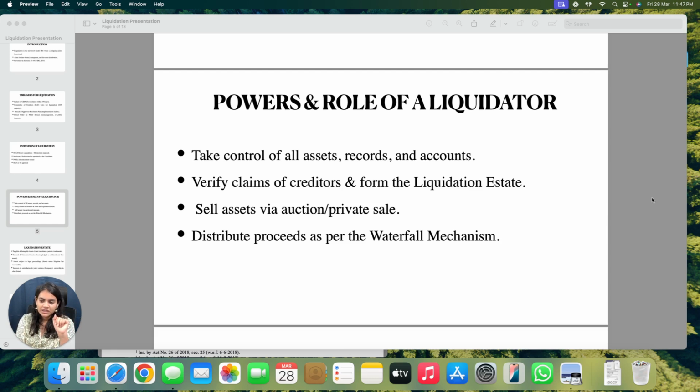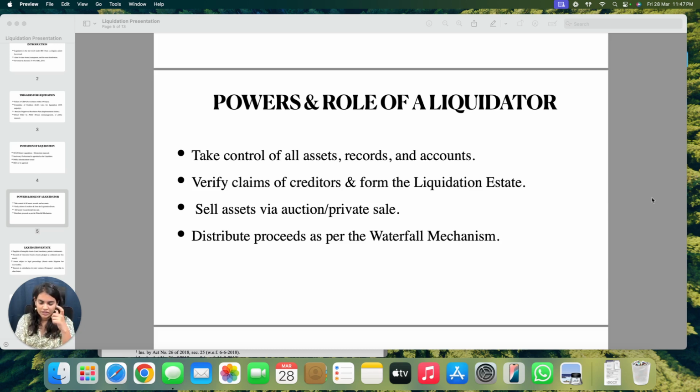Once the liquidator is appointed and an order for liquidation is issued by the adjudicating authority, an immediate suspension and termination of all the employees is also part of the liquidation order.